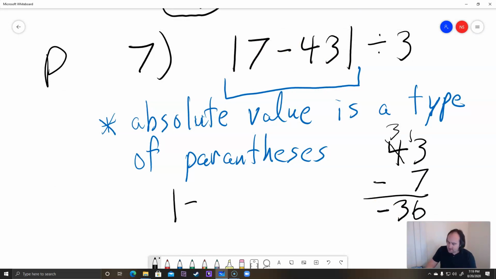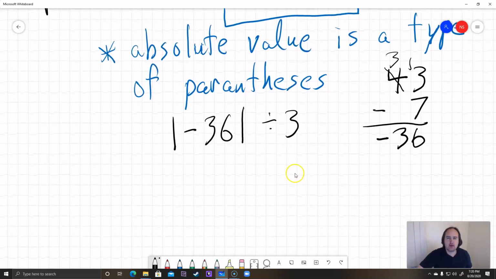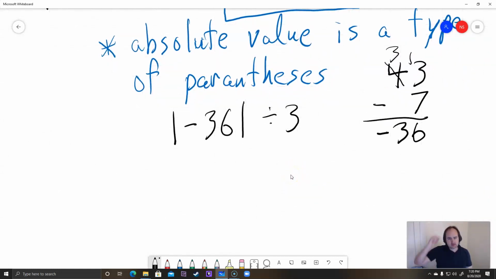So now we have the absolute value of negative 36 divided by 3. The thing is, because absolute value is a special type of parentheses, you actually have to go ahead and do the absolute value now. They're not just parentheses, they're a special type. And we know from a previous section that the absolute value is always positive.